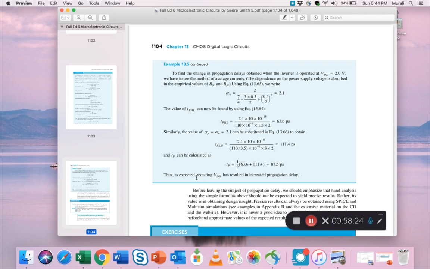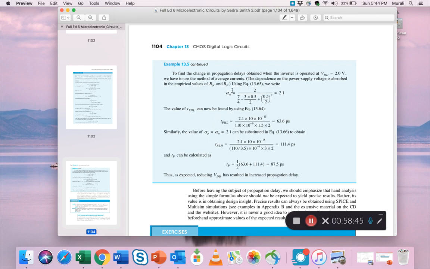As you can see, by reducing the source voltage VDD from 2.5 to 2, tP has gone up to 87.5. It has resulted in increased propagation delay. Of course, to compare, you should use the same method.